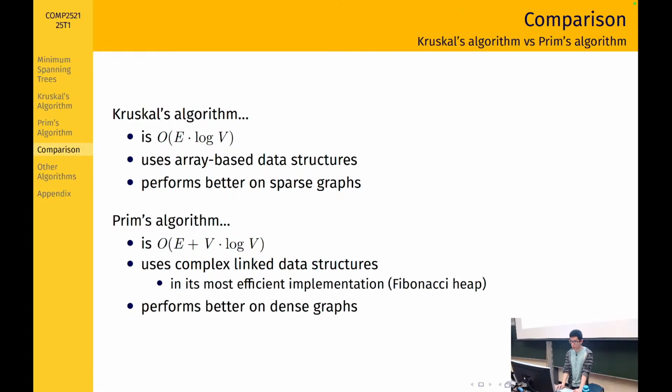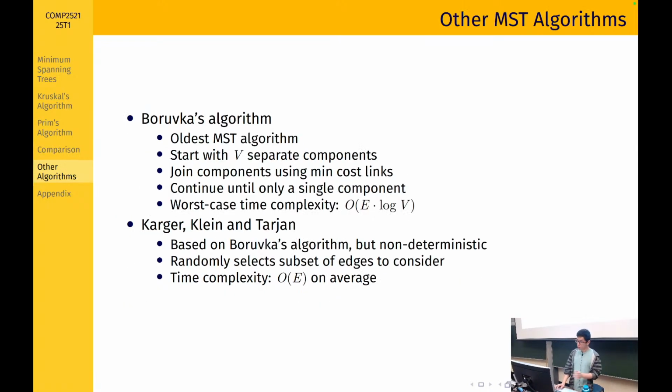There are some other minimum spanning tree algorithms, which we're not going to cover, but for your curiosity, there's an algorithm called Borůvka's algorithm. And there is a very interesting algorithm by Karger, Klein, and Tarjan.